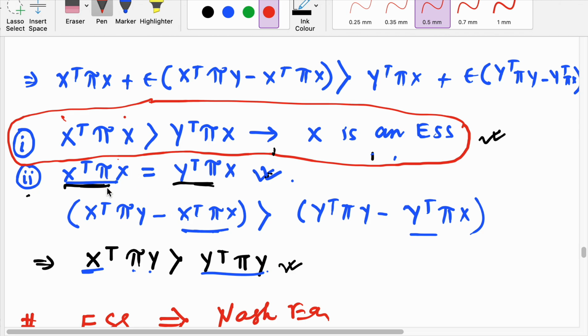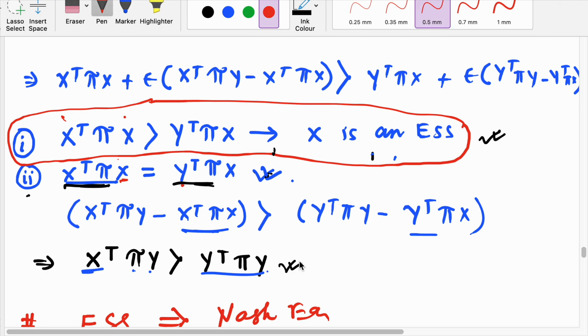And if in some case what the resident population gets playing against the resident population is equal to what a mutant gets if she plays with the resident population, if these two quantities become equal, then we have to check another condition.